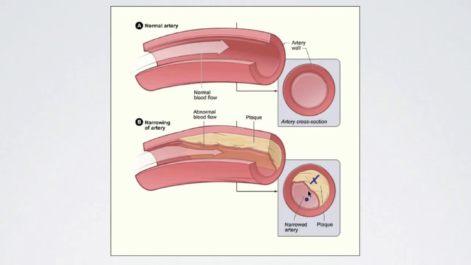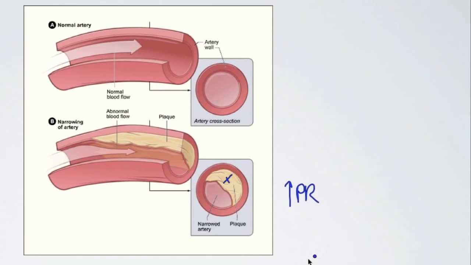But that is going to cause a smaller opening. And of course, if you have a smaller opening, what that's going to do is it's going to increase peripheral resistance. And if you're increasing peripheral resistance, and we know that MAP is going to be equal to CO times PR, you increase this bad boy over here, that is going to increase the mean arterial pressure.